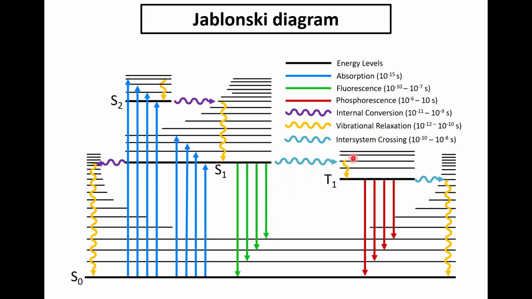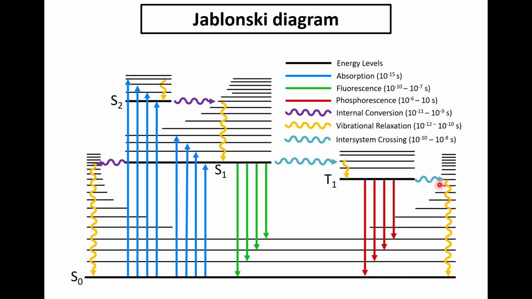Now, if you see this inter-system crossing, which can happen between the singlet and triplet state, again there will be a vibrational relaxation. One thing that can happen is that it can come down directly from the triplet to the singlet state. The other option is that it can move to different vibrational levels of S naught.